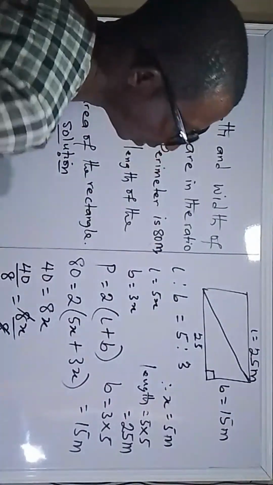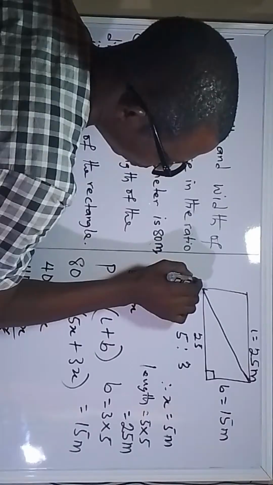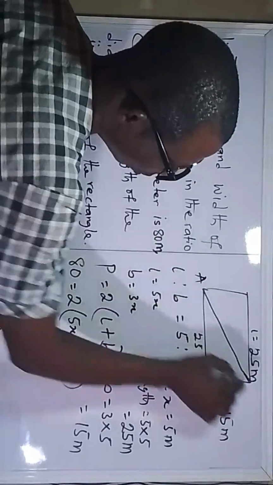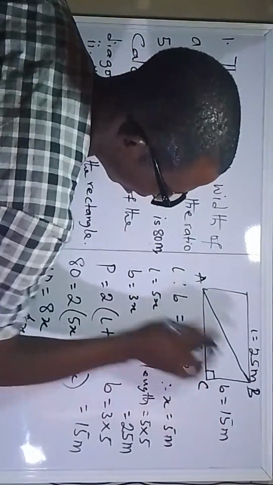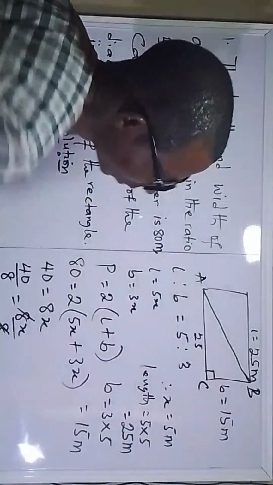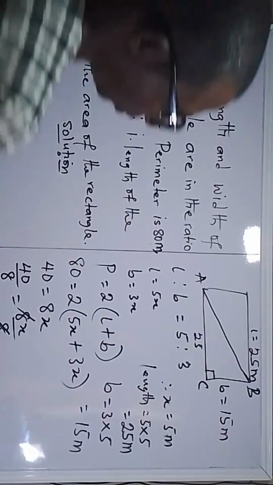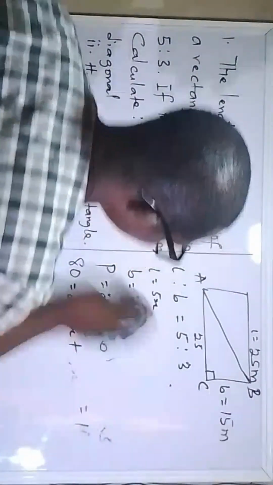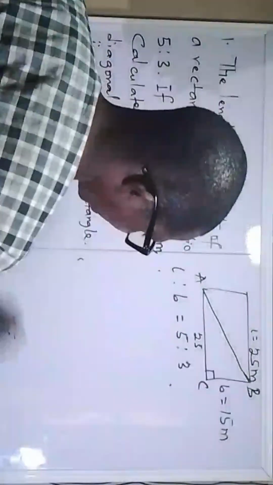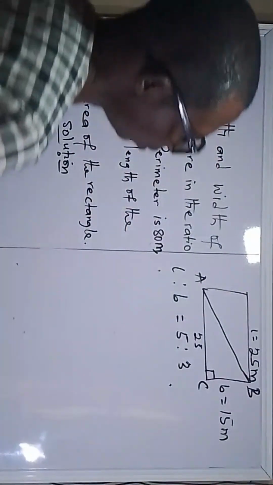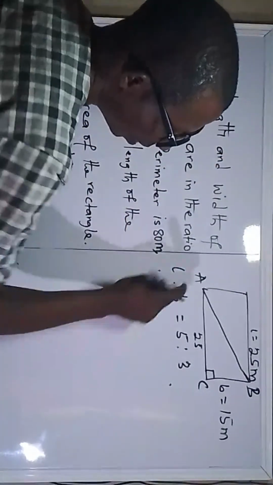So when you look at it now, you'll be able to bring out a triangle ABC. Can you see this triangle ABC now? Okay, so now let's try and get the diagonal. So from here, you will consider this triangle ABC.